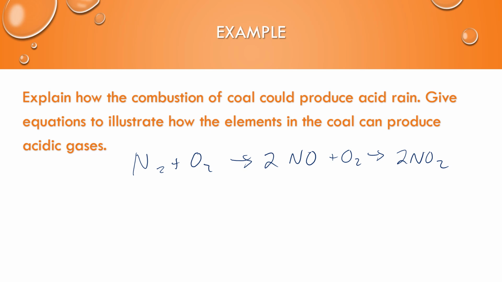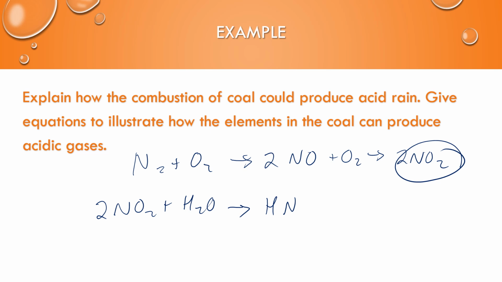Now, this NO2 product is the important one for acid rain because it can react with water vapor to produce nitrous acid. It could also produce nitric acid, both of which are contributing to the low pH of acid rain.